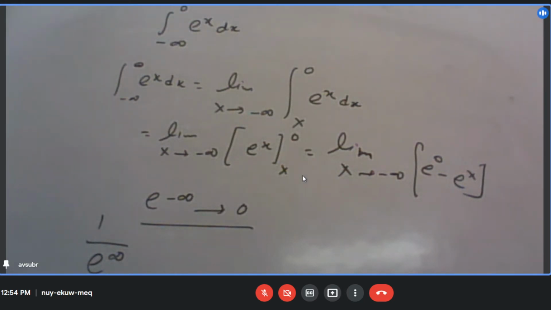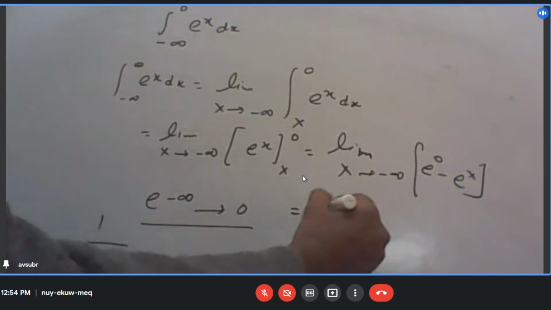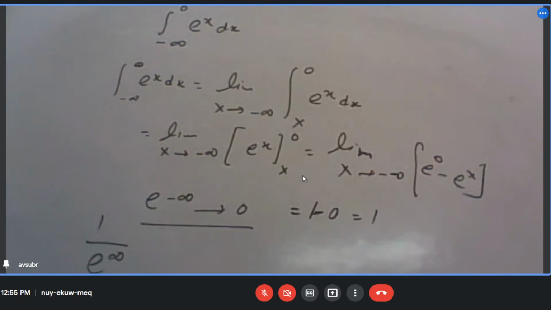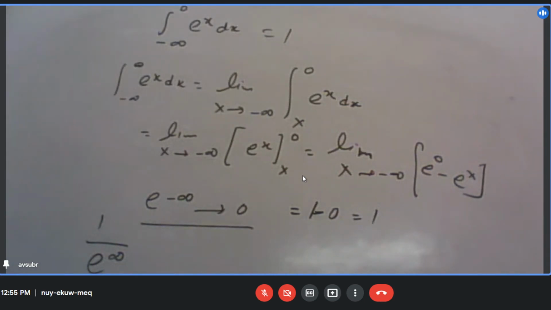Not exactly zero, it will have some value, but it will tend to negligible. So e to the power 0 is 1, so 1 minus 0, that is 1.